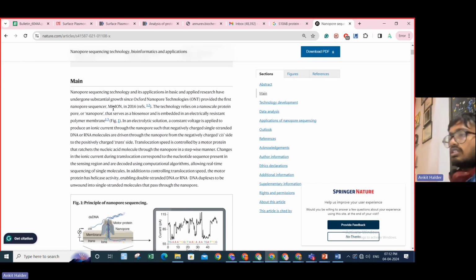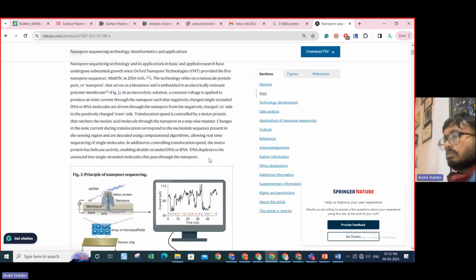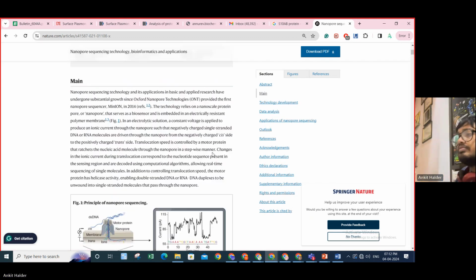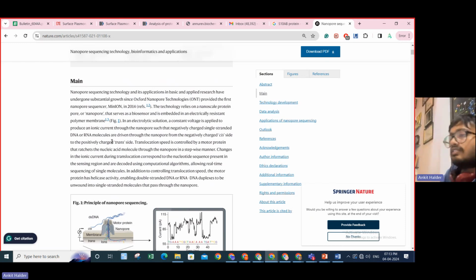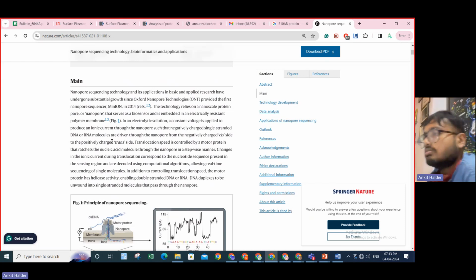The first nanopore sequencer, the MinION, came out in 2014. This technology relies on a nanoscale protein pore, or nanopore, that serves as a biosensor and is embedded in an electrically resistant polymer membrane.